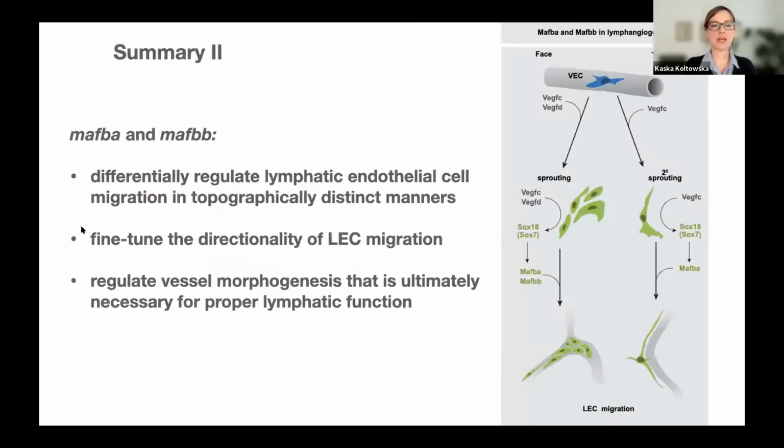So with that, I would like to conclude, and I hope I have convinced you that these two genes are required for the formation of lymphatic vessels, but only in the facial lymphatics. What I haven't shown you, what we also further showed in the preprint, was that these two genes also respond to VEGFD signaling, and they're important for the fine-tuning of the migration.